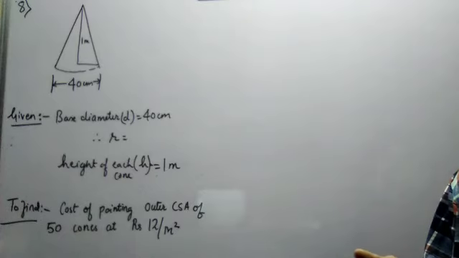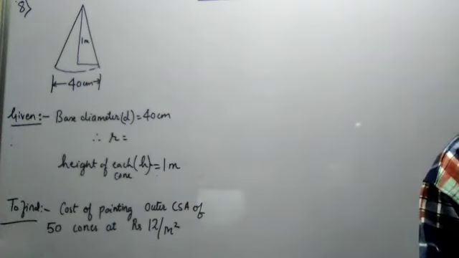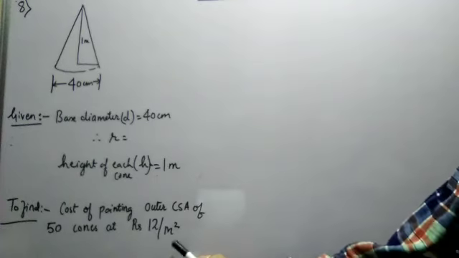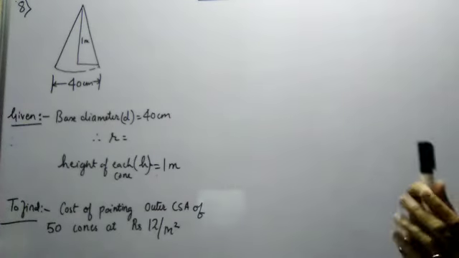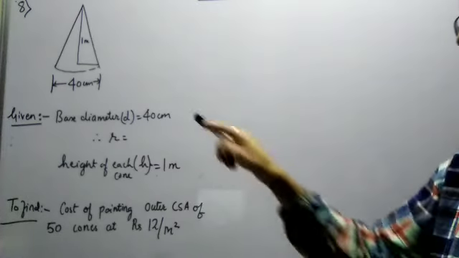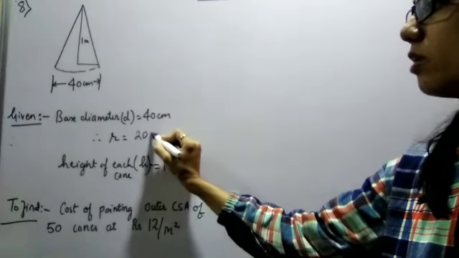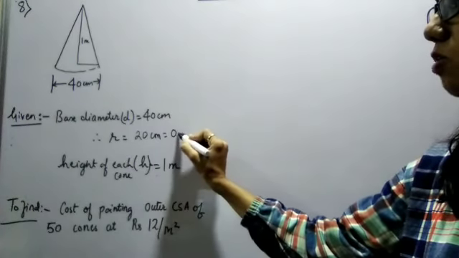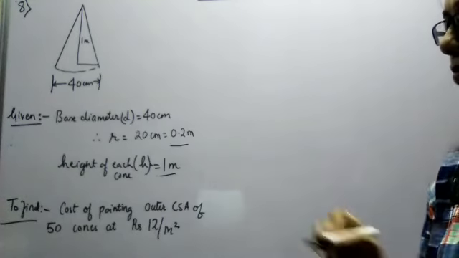And value of pi is given as 3.14 and under root of 1.04 should be taken as 1.02. These two things are given.